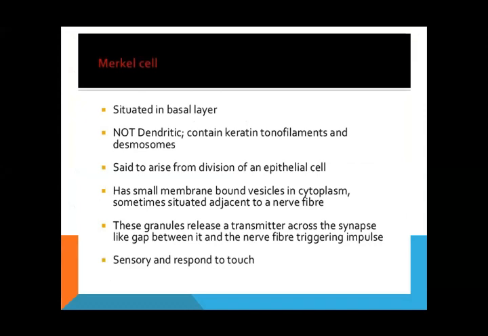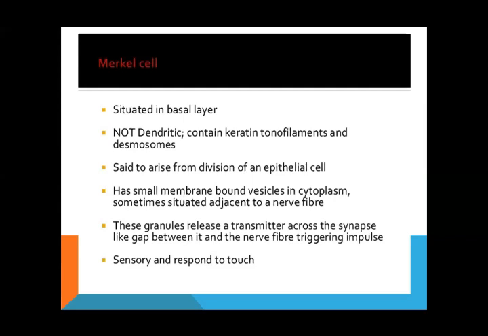Merkel cells are situated in the basal layer, are not dendritic, contain keratin and desmosomes, and are said to arise from the division of epithelial cells. They have small membrane-bound vesicles in the cytoplasm, sometimes situated adjacent to the nerve fibers.